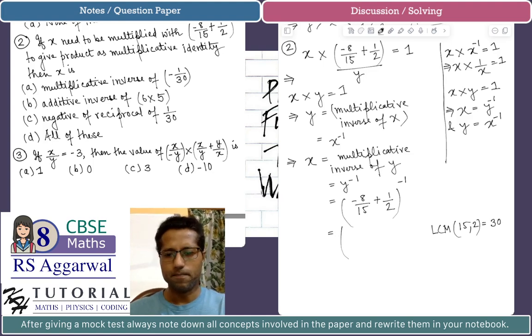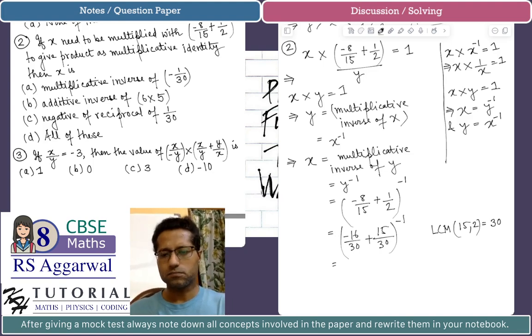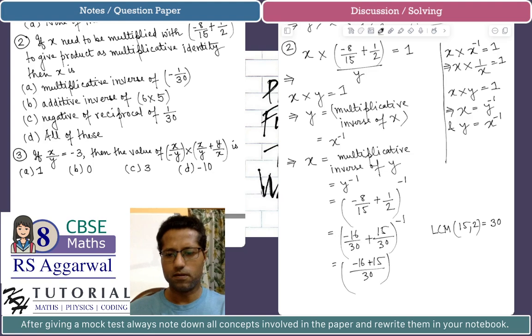So this will be minus 16 by 30 plus 15 by 30, with the power minus 1. So this is equal to minus 16 plus 15 divided by 30, raised to the power minus 1. This is equal to minus 1 by 30, raised to the power minus 1.